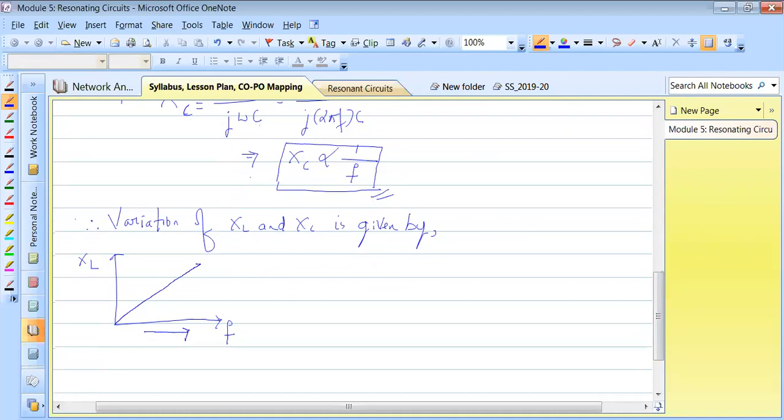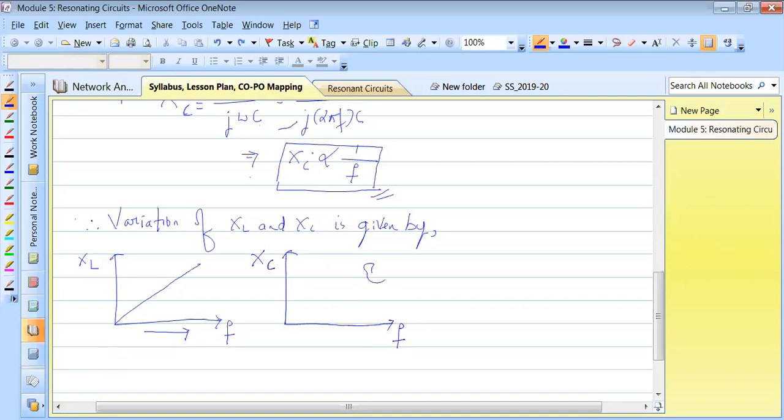Everybody understand why it is linear. You can give some frequencies and try to plot that, and you'll understand. Here we are trying to plot the magnitude. Fine. Now, similarly, we shall plot the graph for XC. Let's take the y-axis as XC and see how XC would vary as I increase f.